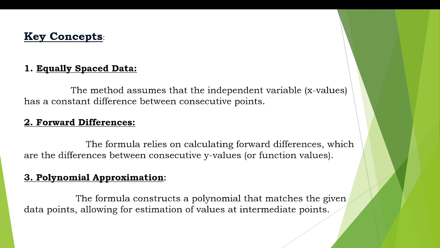The formula relies on calculating forward differences, which are the differences between consecutive y values, or the function values. And number three is polynomial approximation. The formula constructs a polynomial that matches the given data points, allowing for estimating values at intermediate points.